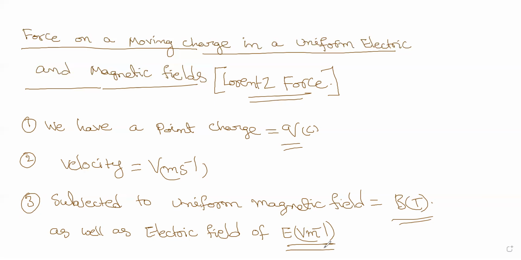Is this clear? Yes, sir. Now, because of the electric field, it makes an electric force. The electric force, we'll call it Fe. How much will it be? QE bar. It's a vector quantity.